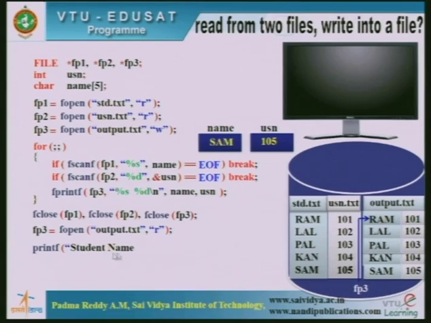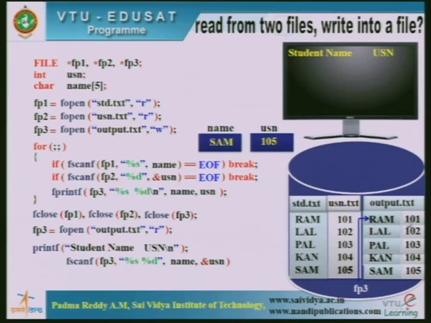Now, we have to print student name and usn. If I execute this statement, what will happen? We get student name and usn on the screen. So, I say fscanf fp3, one string and integer, one string and integer. So, I use the %s and %d format specifiers. Name comma usn, here we use ampersand. Now, tell me what will happen?